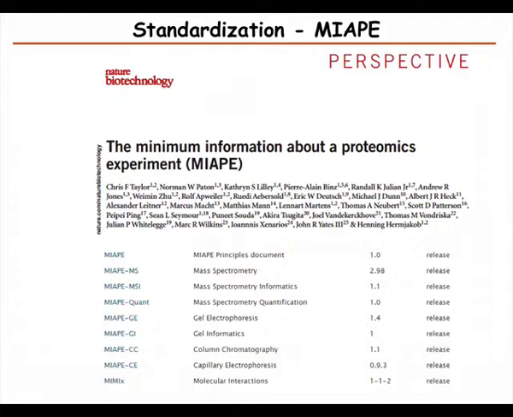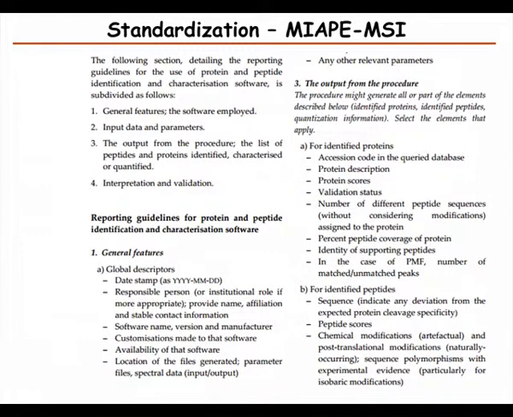And this is the main paper that's shown here. And then there were several others. So there is, for example, MIAPE for mass spectrometry information, for mass spectrometry quantitation, and then for other types of experiments.